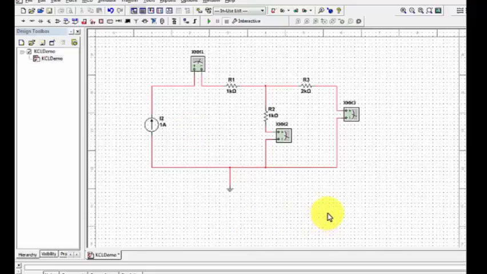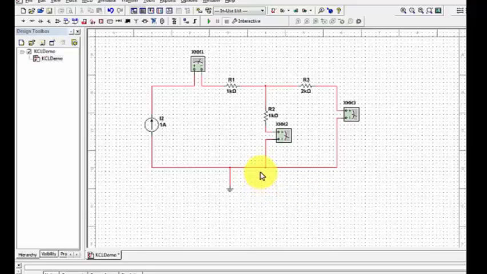Kirchhoff's current law talks about a node like this node. For a node, the total current into the node is equal to the total current leaving the node.